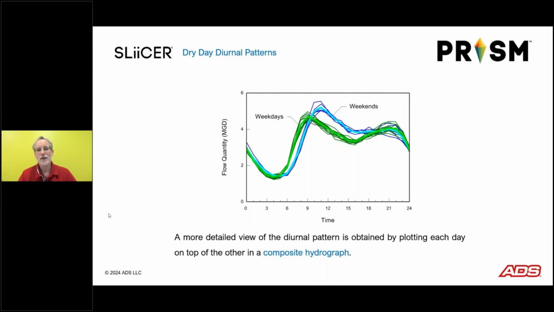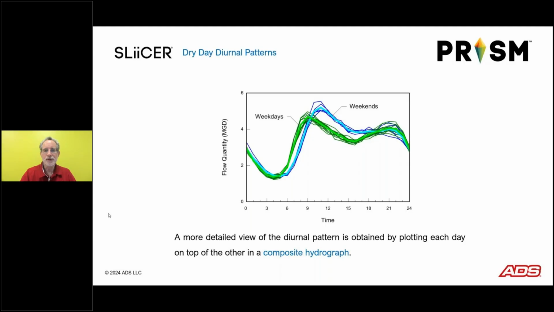So we were evaluating these dry day flows as part of I&I studies, and we started noticing all these differences between different days of the week, between holidays and regular days, and then other things that would seem to be unique and different from dry weather and wet weather flow. But that's how we started our path down sewer sociology, is understanding these day of week group differences.